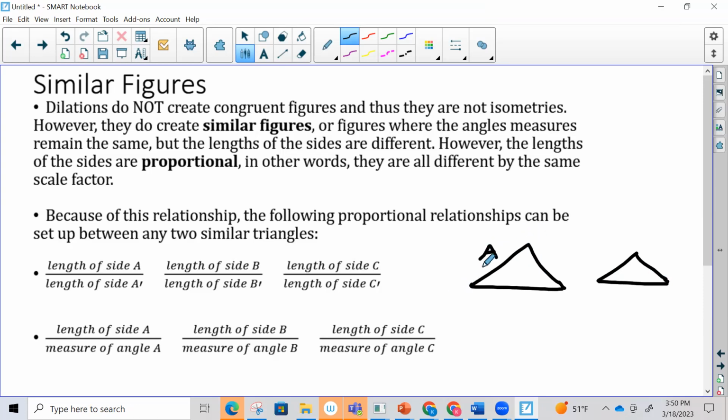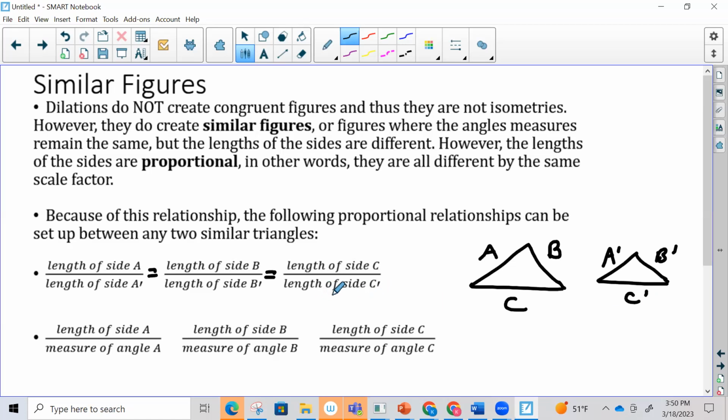So I could take the length of this side, whatever it is, and divide it by the length of the image side, and that should equal the length of the other side of that pre-image divided by the image side, and that should equal the third side being divided by its image side.